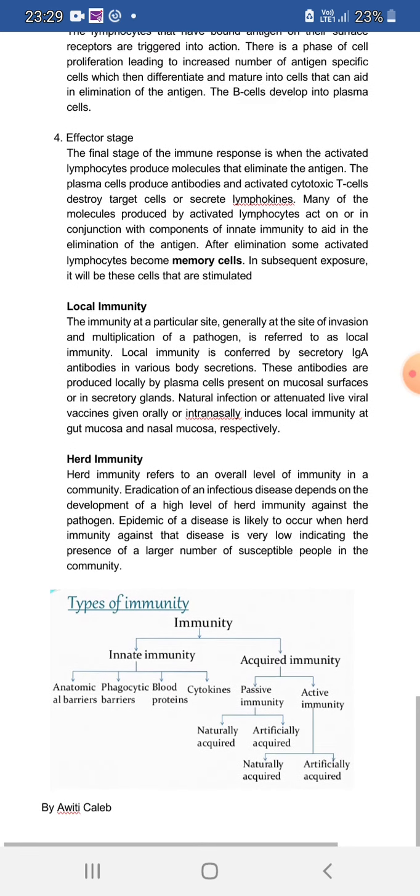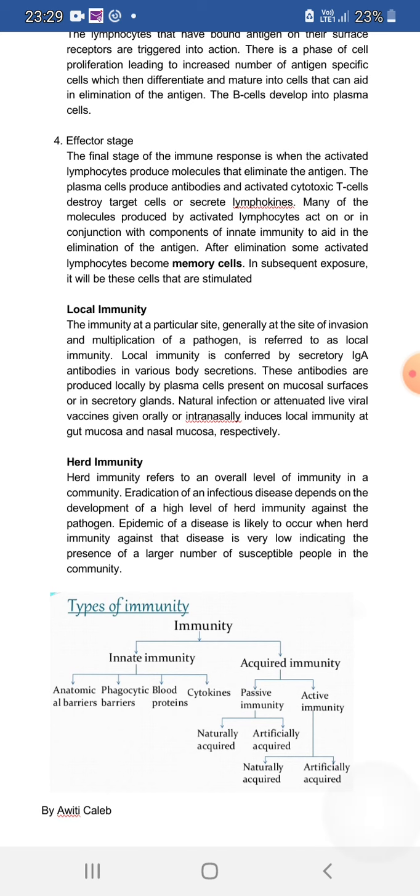Then finally, we have a flow diagram, which in some cases is brought early, but I think at this level it becomes much clearer than when you started with it. So types of immunity, using a flow diagram, we have immunity. So we have two broad ones, innate and acquired. Innate, we saw the first line in innate is the anatomical barrier.